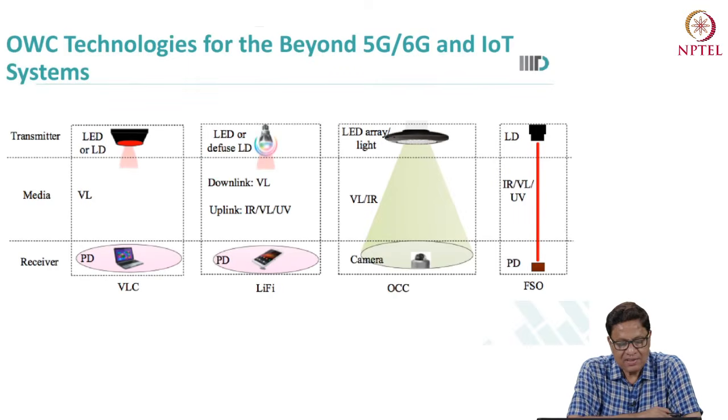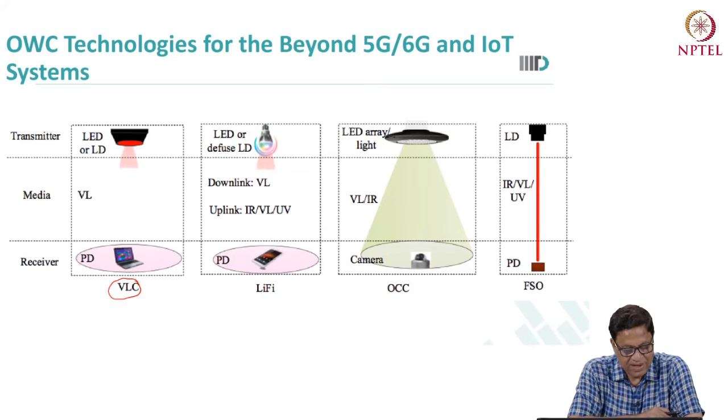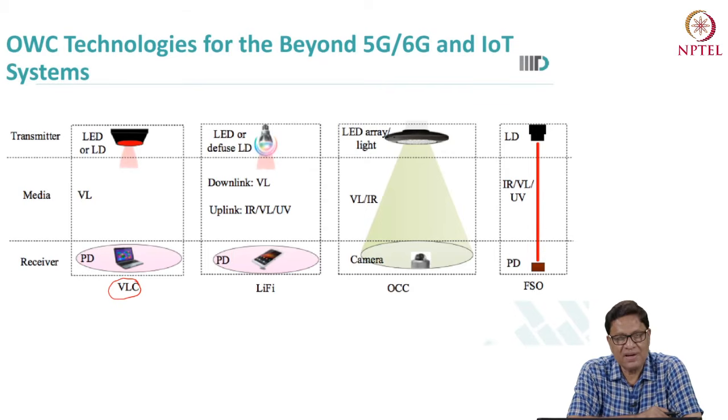So basically there are three types of optical wireless communication technologies which will be used or are likely to be used in beyond 5G systems and IoT systems. The first one is visible light communication, VLC. In VLC, it's a physical layer connection between a transmitter and receiver.